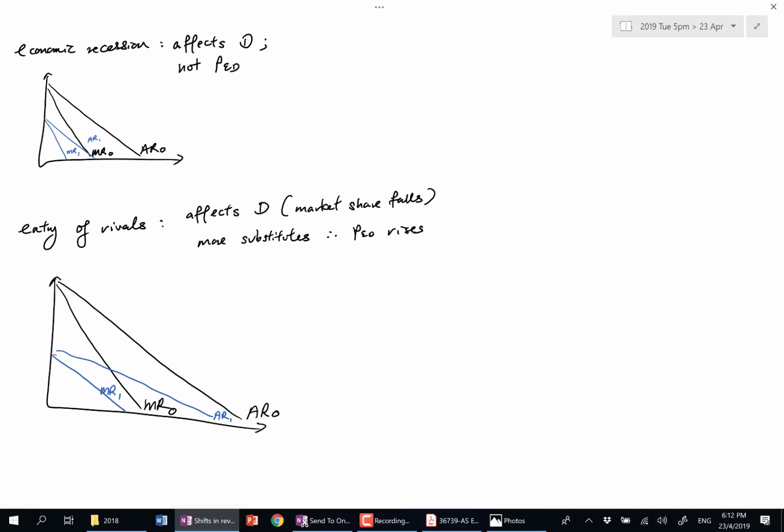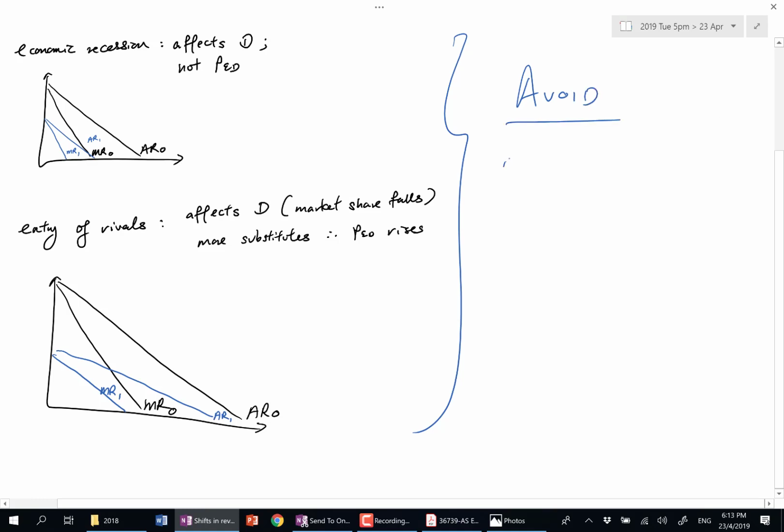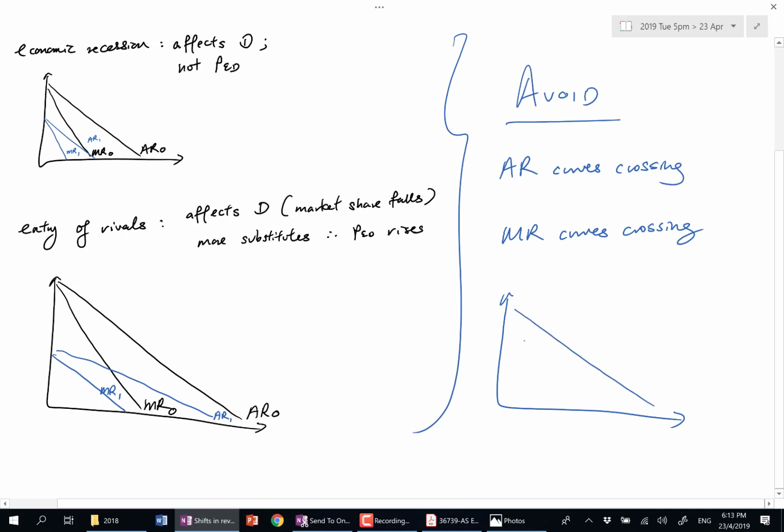A common mistake that students make is a mistake that we should avoid. You should avoid AR curves crossing. You should avoid the MR curves crossing. The curves should never touch. The old AR and the old MR should never touch. Why? Have you seen this in demand and supply before?